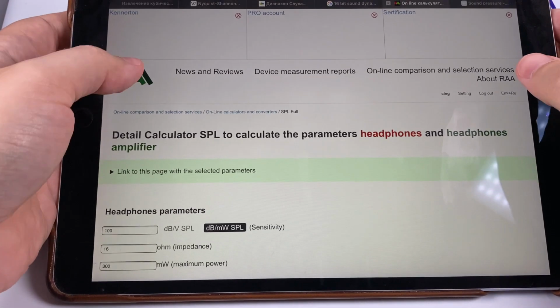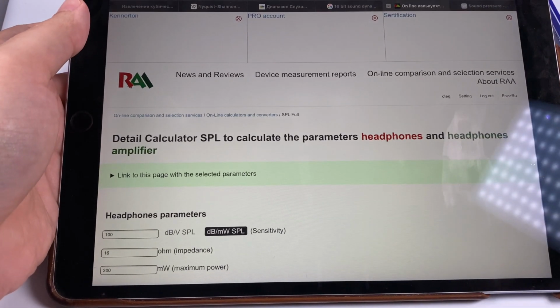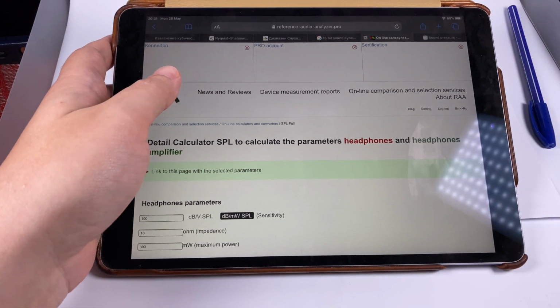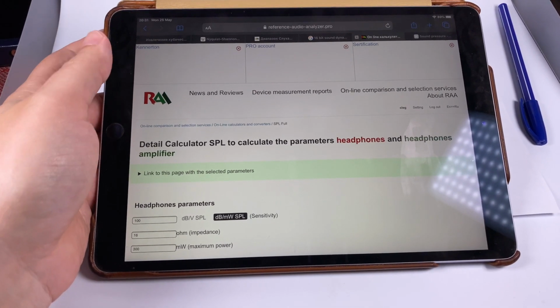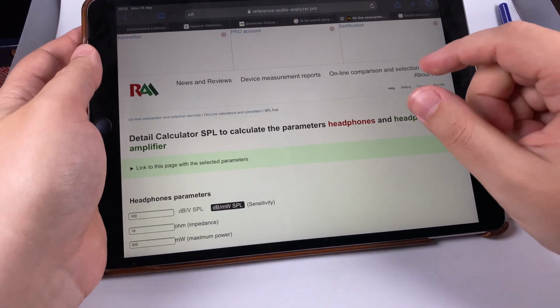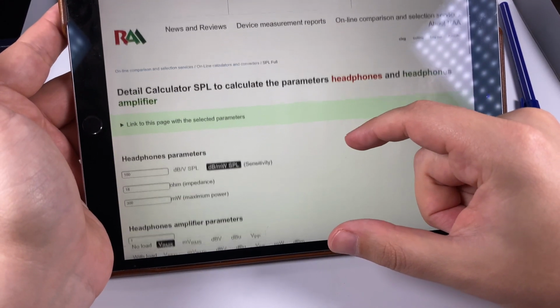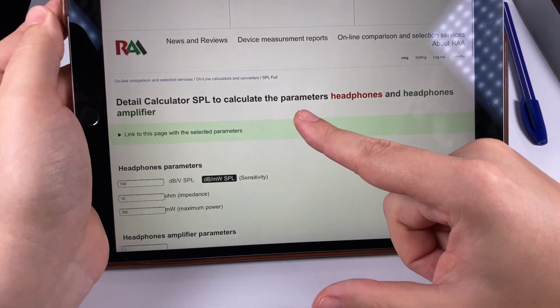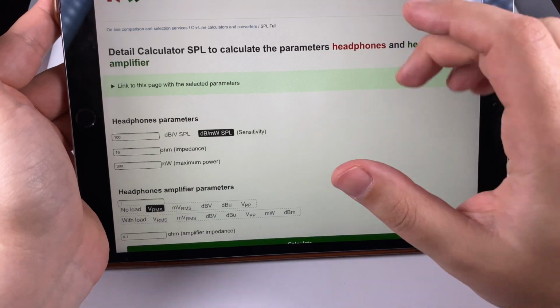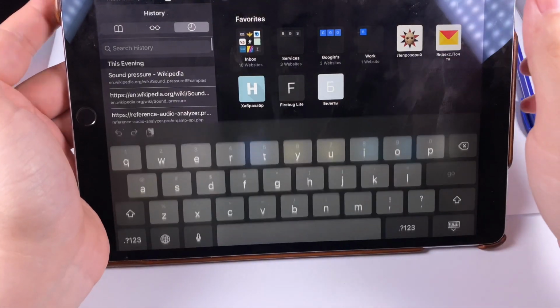I will add a link to the description, but anyway, let's zoom out a little bit. It's a really good site, named Reference Audio Analyzer. They have a lot of measurements, but what is even more useful here is this nice calculator. It's the SPL calculator. Let's find some headphones.